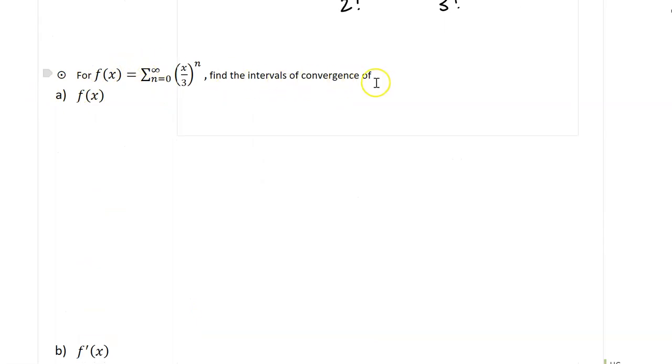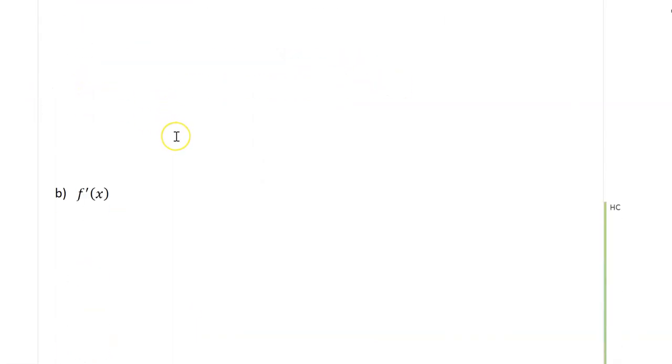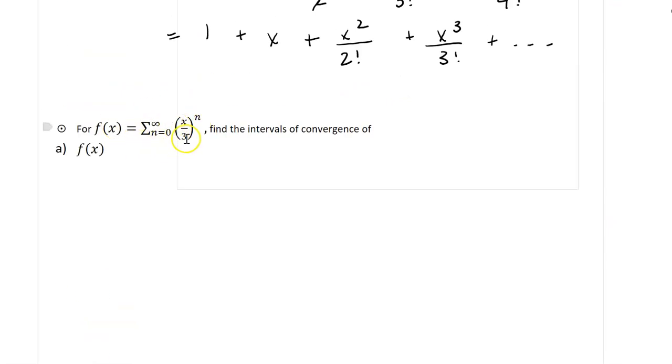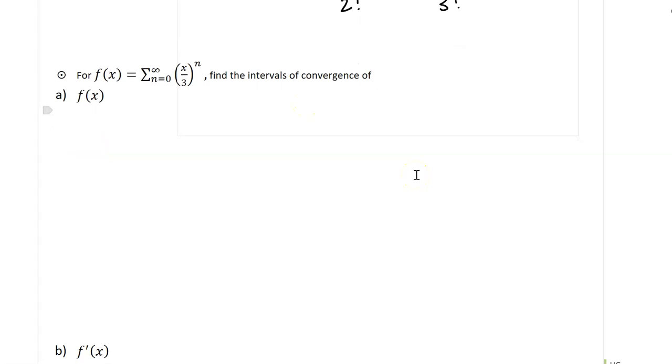Let's look at another example. It says find the intervals of convergence of f of x, f prime of x, and the integral of f of x dx for the sum from 0 to infinity of x over 3 to the nth power. I'm not actually going to find the derivative and the integral here. I'm just going to find the intervals of convergence. So the original series here, f of x, is a geometric series.